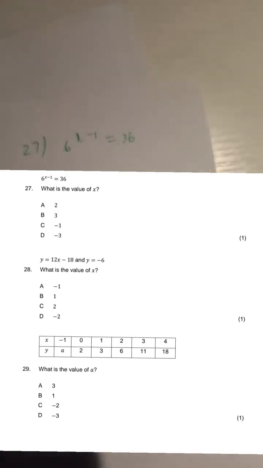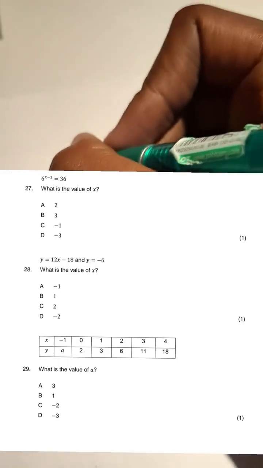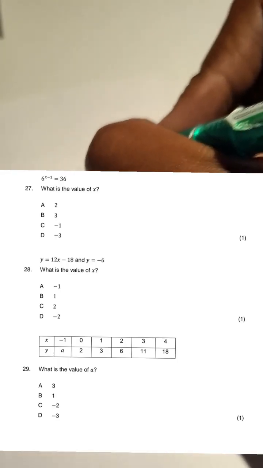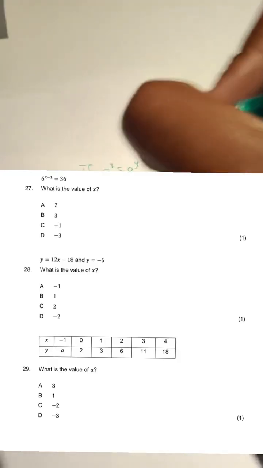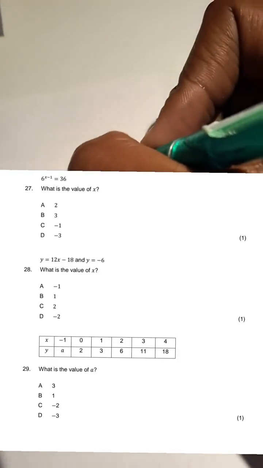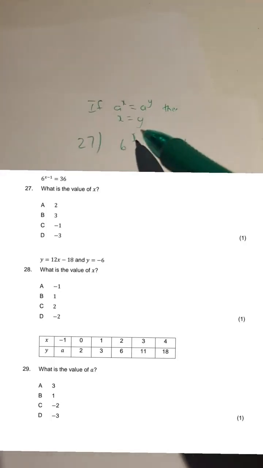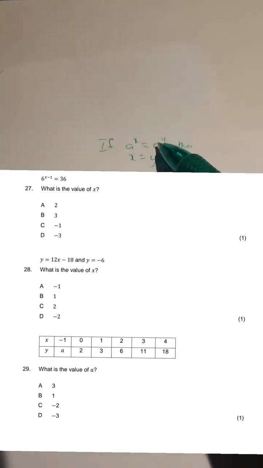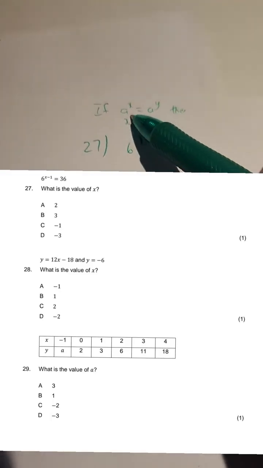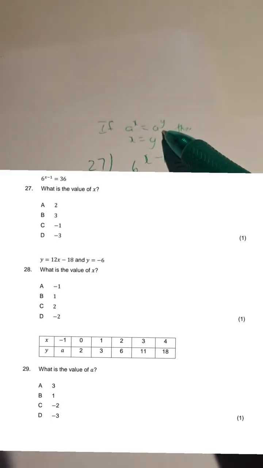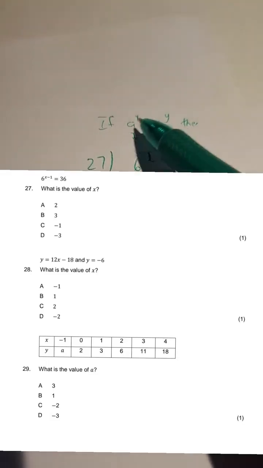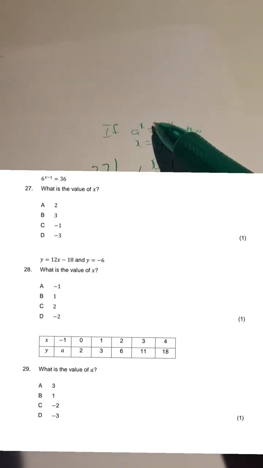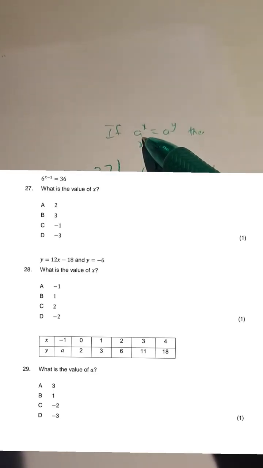For exponential equations, there's a property that says if a to the power x is equal to a to the power y, then we can say x is equal to y. So what's important here is that the bases on either side need to be the same so that you can drop these bases and equate the exponents.